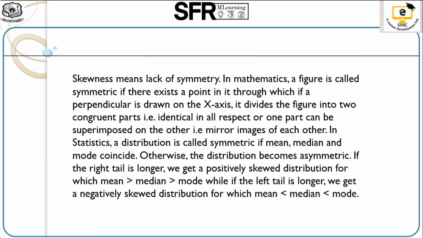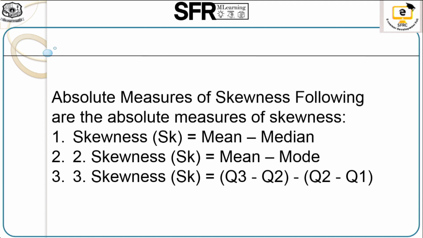Vice versa, if the left tail is longer, then we get a negatively skewed distribution. Here the relationship is mean is less than median, and median is less than mode.